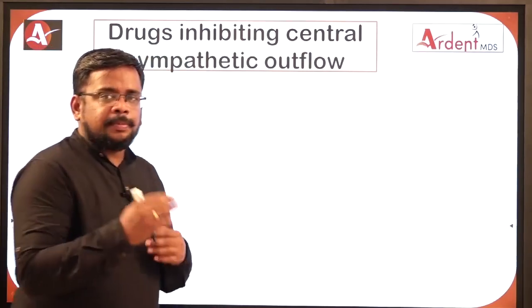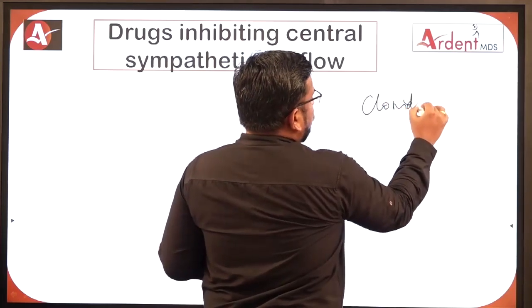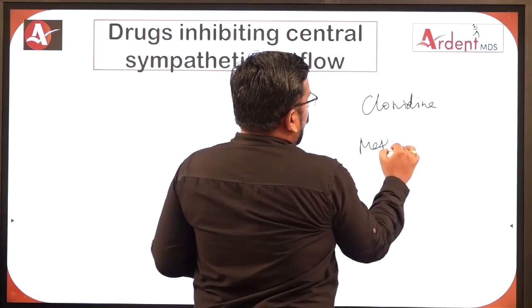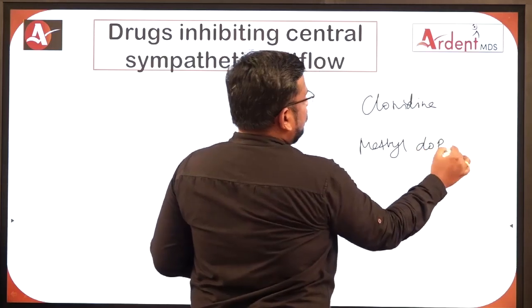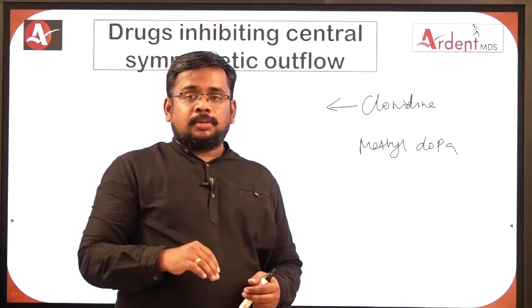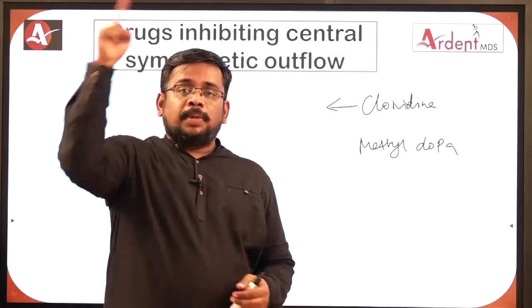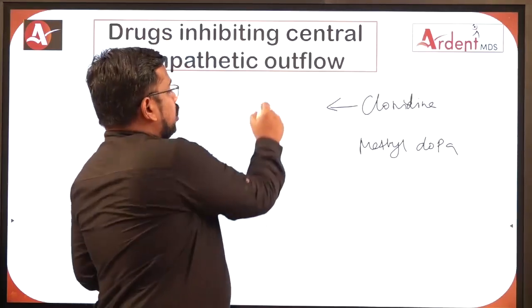The second category of drugs is drugs which inhibit the central sympathetic outflow, or presynaptic activators, or alpha 2 agonists. Examples are clonidine and methyldopa, the two important drugs. Clonidine works effectively in patients with hypertension, but the only problem is that if you suddenly withdraw clonidine, the patient may go into rebound hypertension.